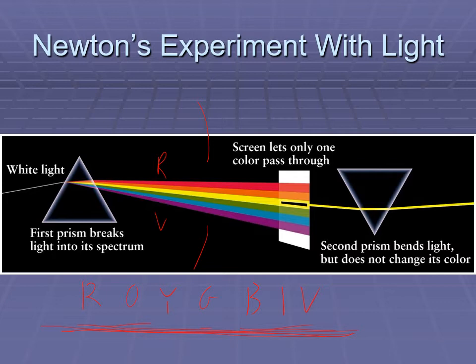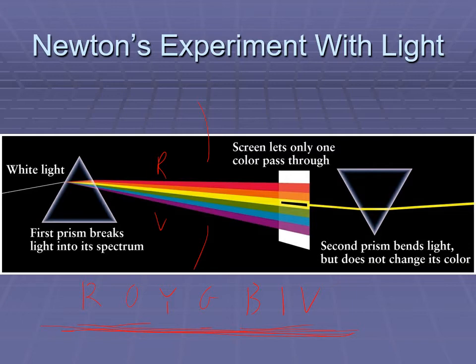Then he got to thinking, well, what about those colors? I look at colors, like green, and there's like all these different shades of green. And so, if you were to take the green light or one of these other colors of light and run it through another prism, would it break out into little subcolors?